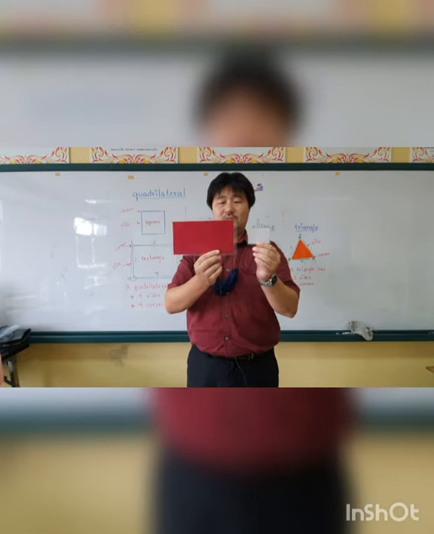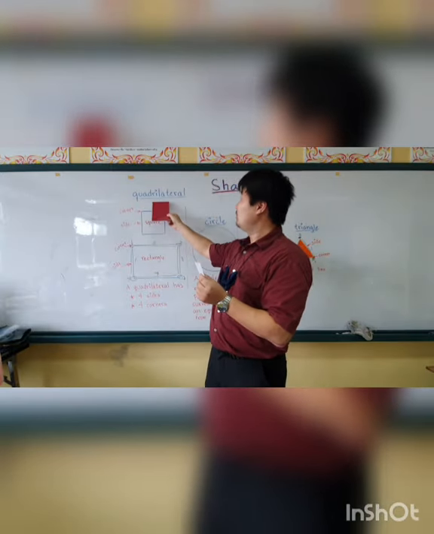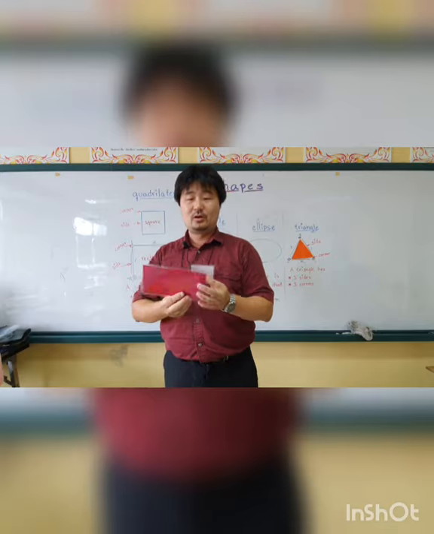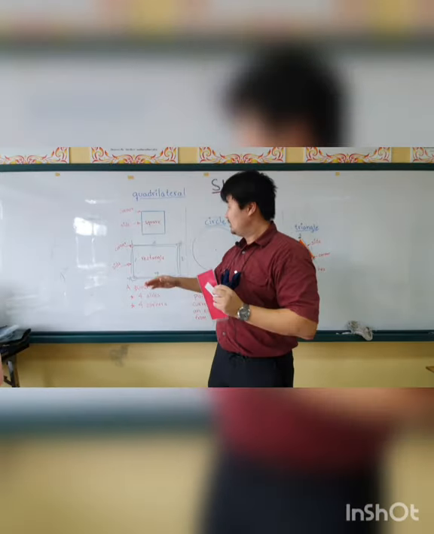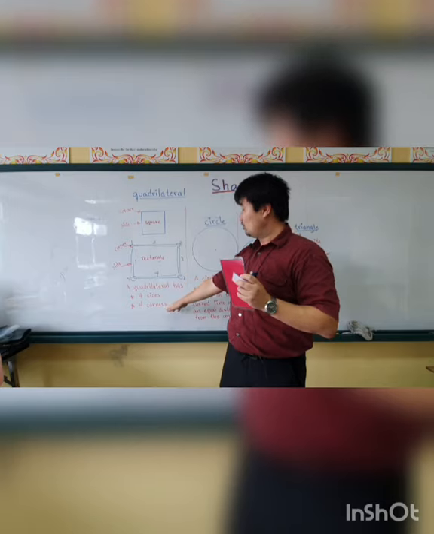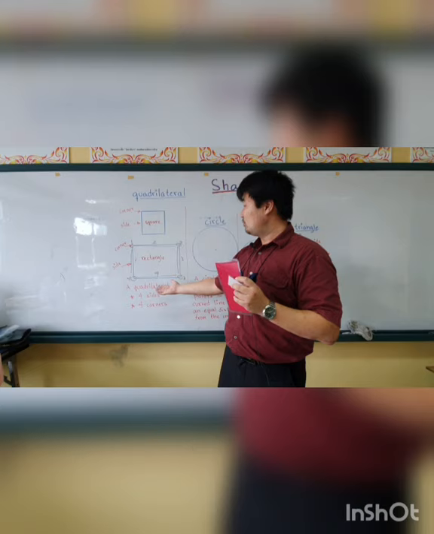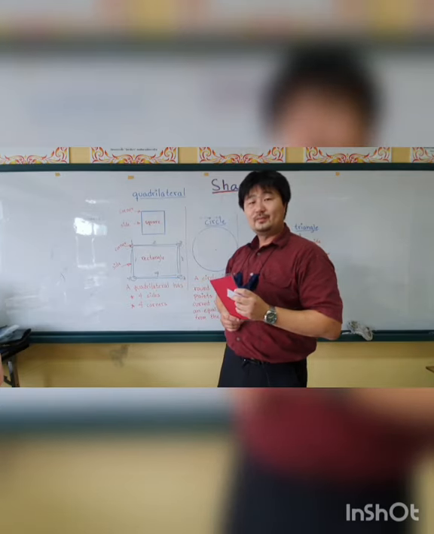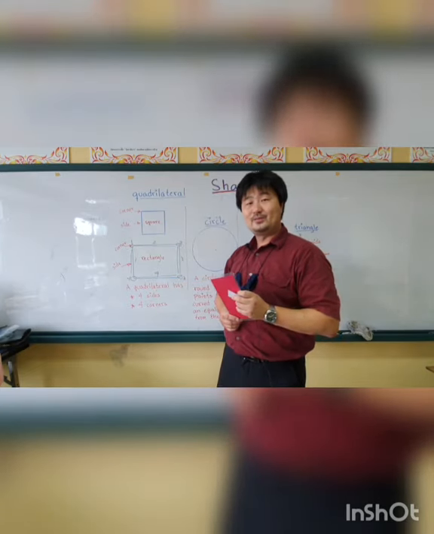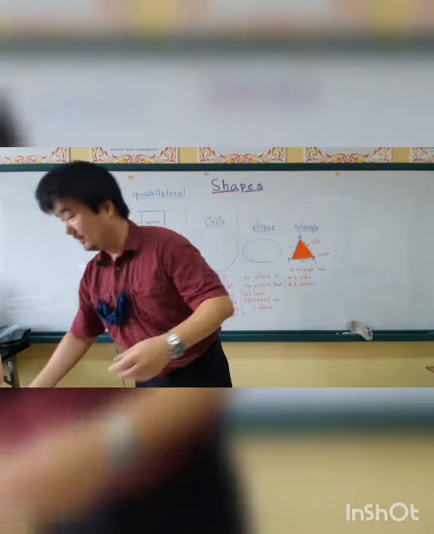No, they are not, but they are both rectangles and they are both quadrilaterals because they both share the 4 sides and the 4 corners, which is the definition of a quadrilateral. Okay? Do you understand? Good.